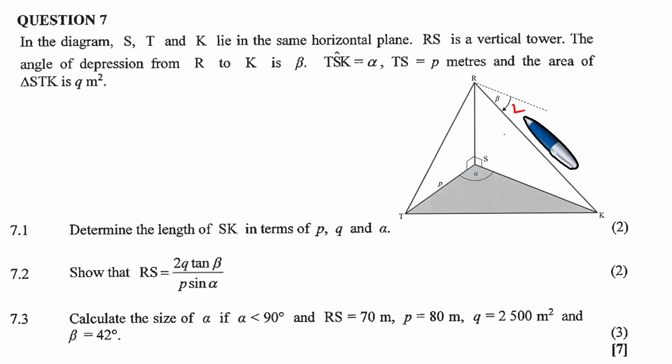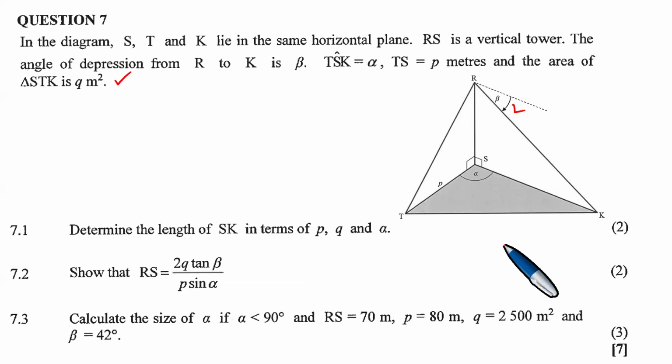The angle TSK is alpha. TS is P meters, and the area of triangle STK is Q square meters.